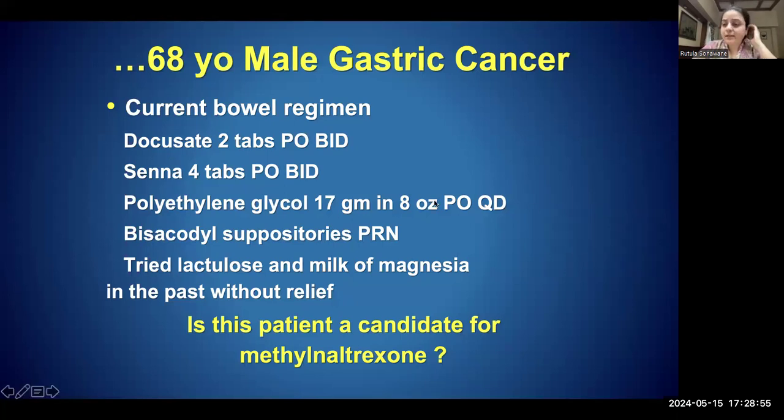If it's available, then we would want to go for PAMORAs. If it's not available, then switching over to a less constipating opioid, even methadone is less constipating compared to morphine. So either fentanyl, buprenorphine, or methadone if it's available. Okay.